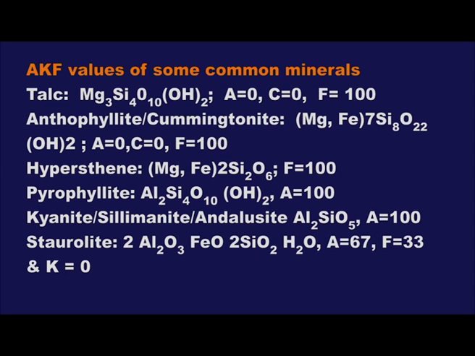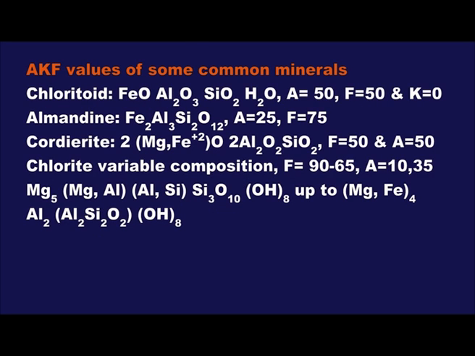Staurolite, 2Al2O3, FeO, 2SiO2, H2O, A equals 67, F equals 33 and K equals 0. Chloritoid, FeO, Al2O3, SiO2, H2O, A equals 50, F equals 50 and K equals 0. Almandine, Fe3Al2Si3O12, A equals 25, F equals 75 and K equals 0.